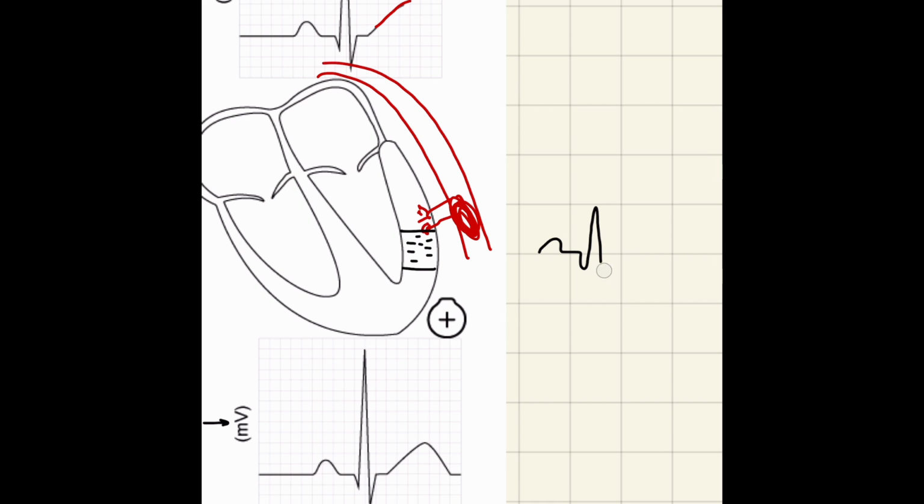Your ST and T wave are elevated. They're not as low as they would normally be because your resting potential is not as low as it should be.